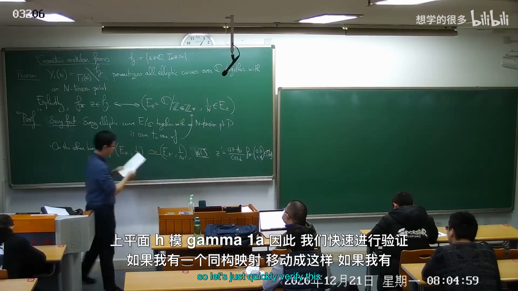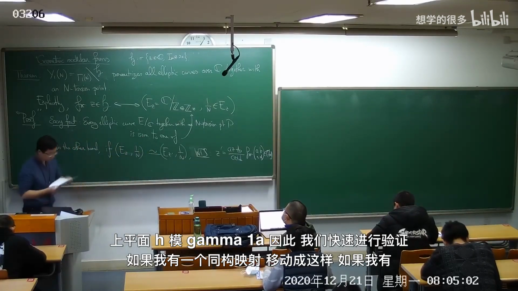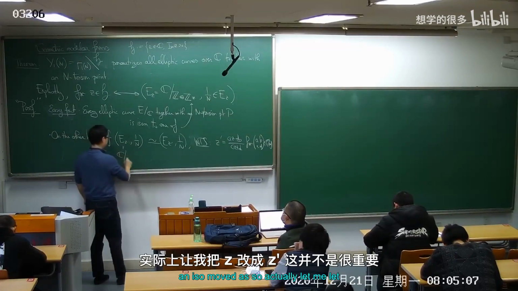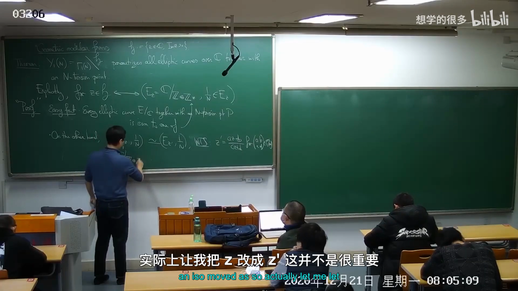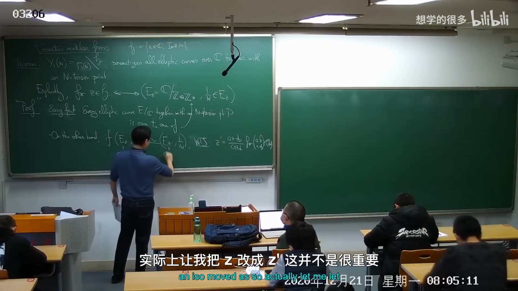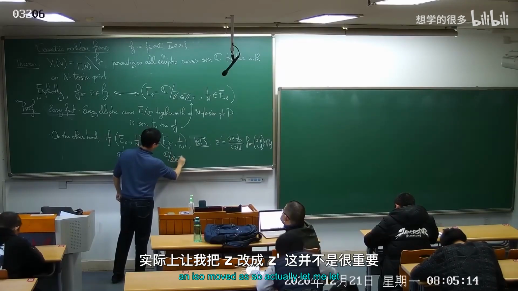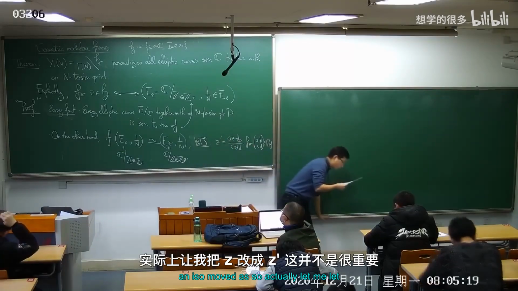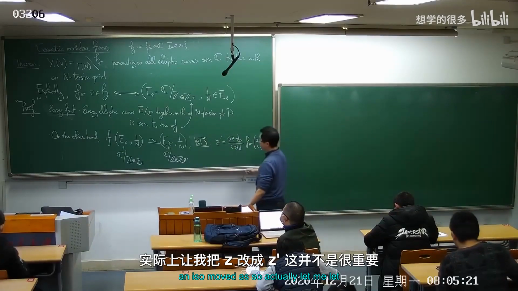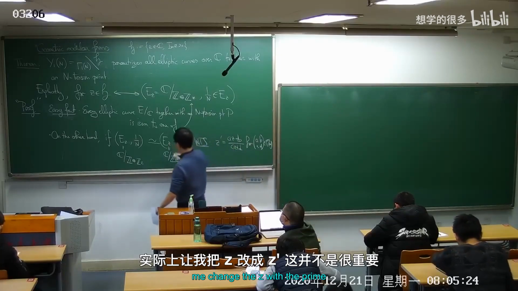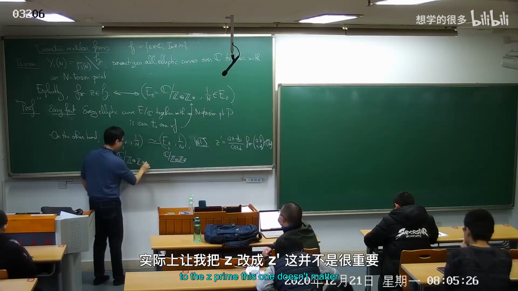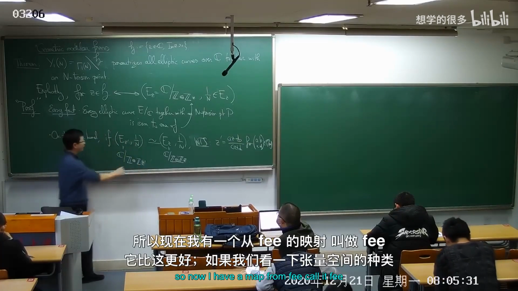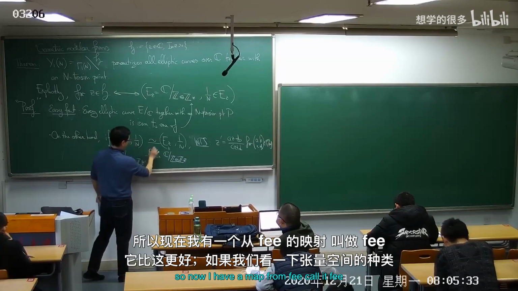So let's quickly verify this. If I have an isomorphism, let me change the z with z prime. Now I have a map, call it phi.